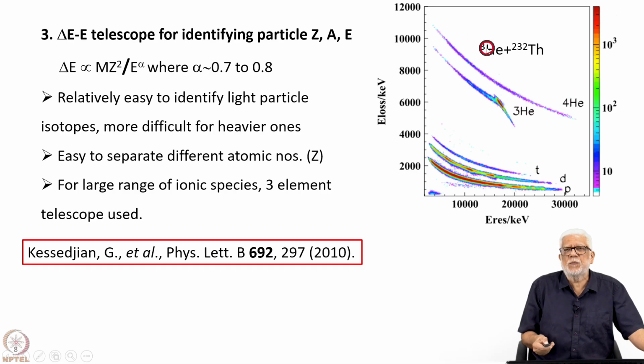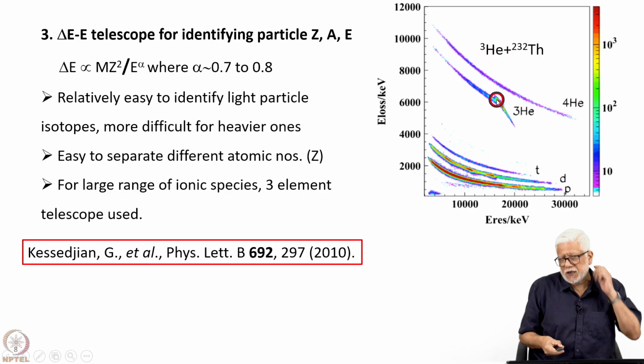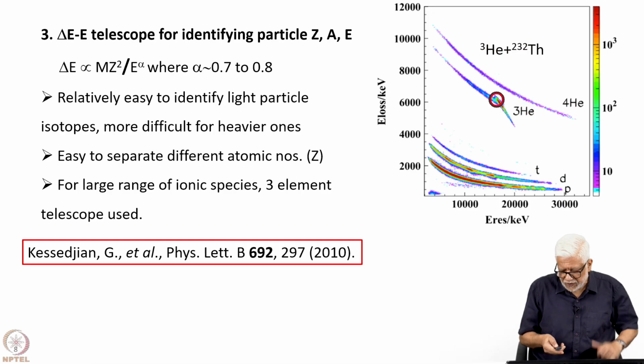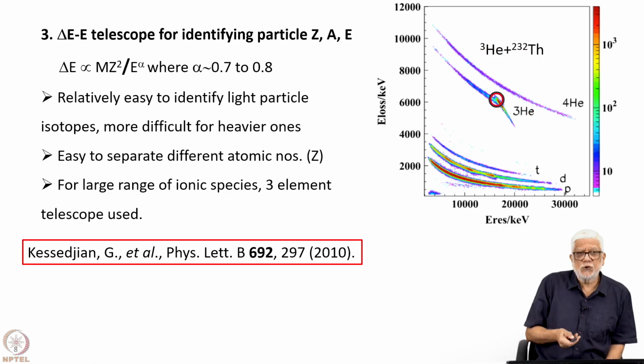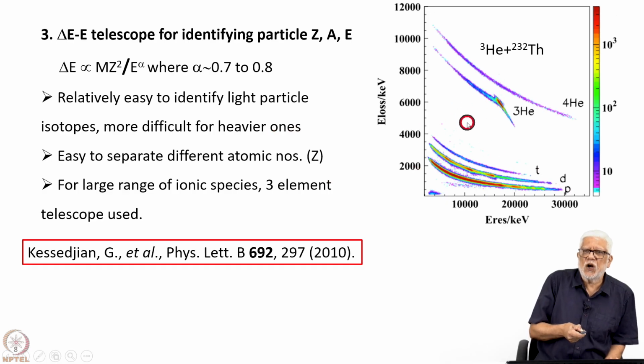Of course, you don't see heavier particles because that would involve small cross sections for picking up particles from the target nucleus. So as you can see also, it is easy to identify the different isotopes of hydrogen. P, D, T are very clearly separated. Of course, so is helium-3. The situation is not that clear when you go to heavier and heavier ions.